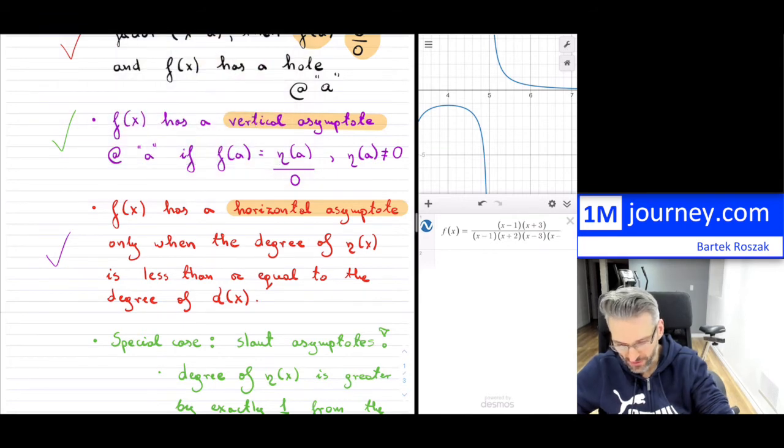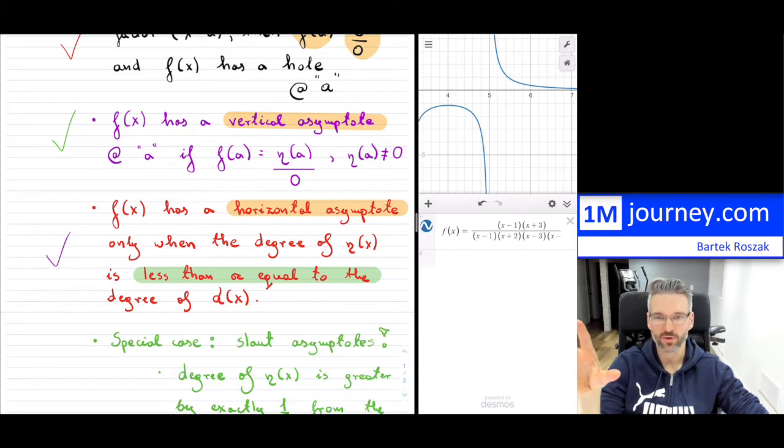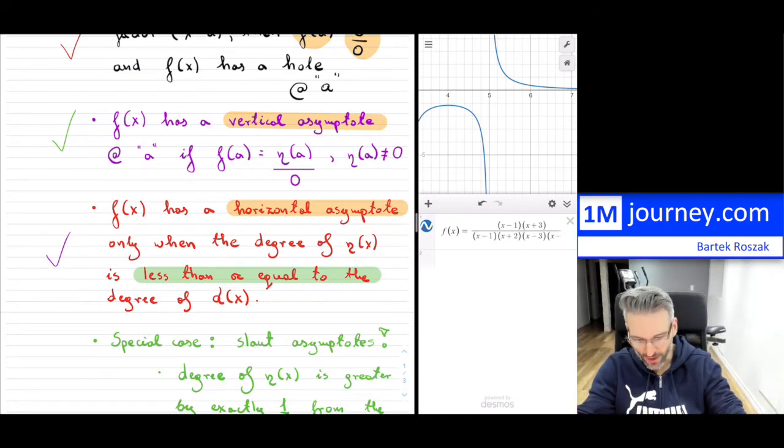To be honest, if you're doing your tests and things like that, you might have to remember these. I even look them back up because I don't remember these things, since you don't use them often enough. But for sketches, it's nice to be able to recall, for rational functions, when these asymptotes happen. So for horizontal ones, the degree of the numerator is less than or equal to the degree of the denominator.